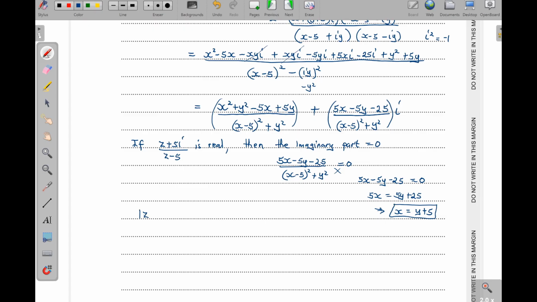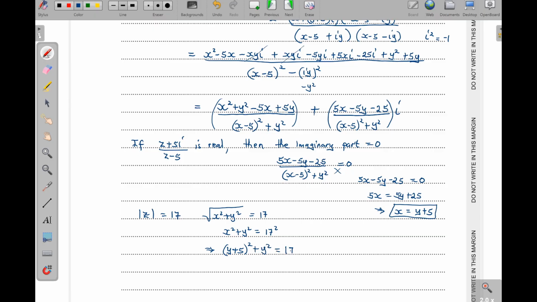Then they also said that the modulus of z is equal to root 17. So root of x squared plus y squared shall be equal to root 17. When we square both sides, we shall have x squared plus y squared equal to 17. Remember, x is y plus 5, so I can have y plus 5 squared plus y squared.